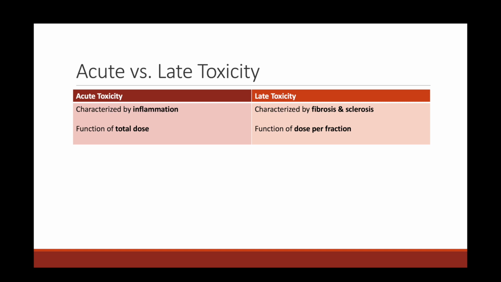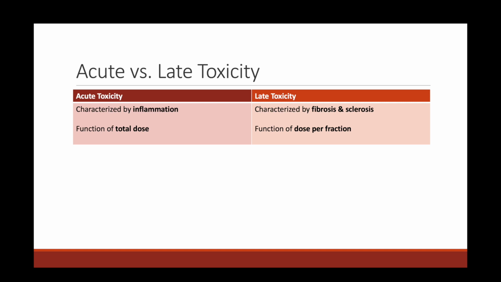So for example, in breast cancer, there is an RTOG study that looked at re-irradiation of breast cancer patients, and they treated the partial breast to a dose of 45 gray in 1.5 gray per fraction, and they delivered the treatment twice daily.